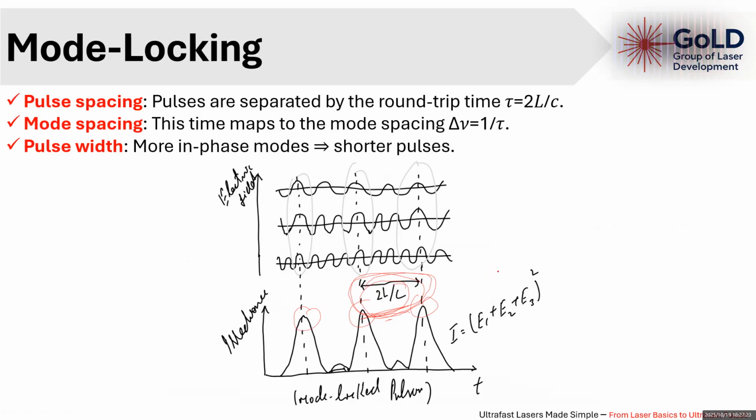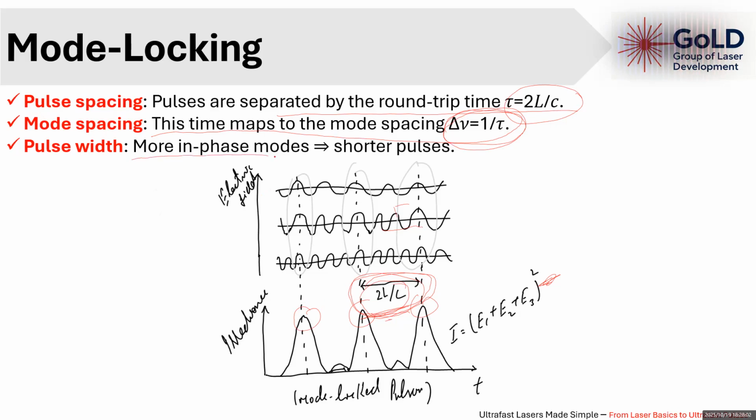And the same thing is written here. So pulses are separated by the round trip time, 2L over C. It's like you have the frequency, 1 over time, and the mode spacing is in frequency, and this is the time.